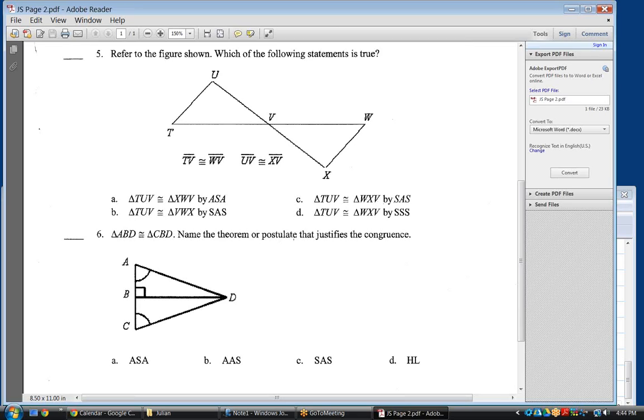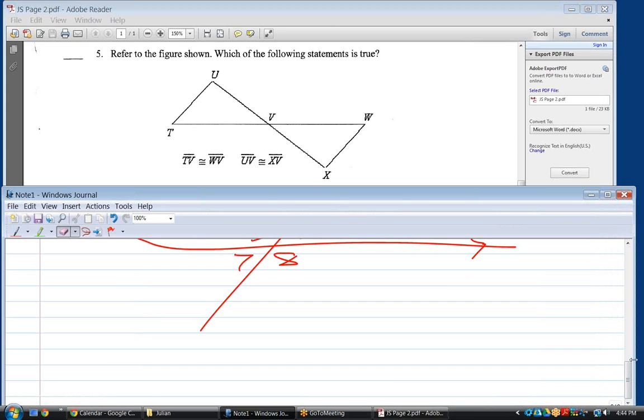Hold on. What's the difference between B and C? TUV, VWX. Oh, I see. Well maybe we better re-examine this. It's true that this triangle is congruent with this triangle, but how? They're going to force us to name it right.